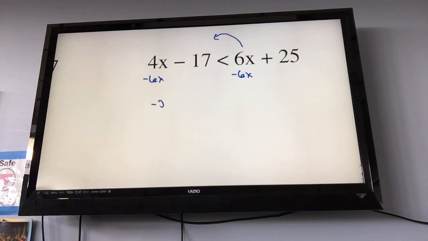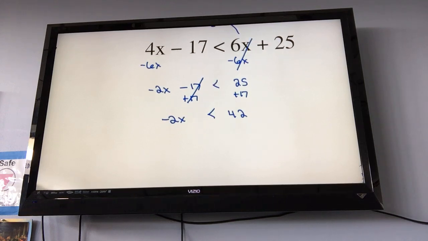So 4 minus 6 is negative 2x, minus 17 less than 25 comes down. And then Lydia, what do I do to move that 17? You plus it. We're going to plus 17. So I have negative 2x less than 42.